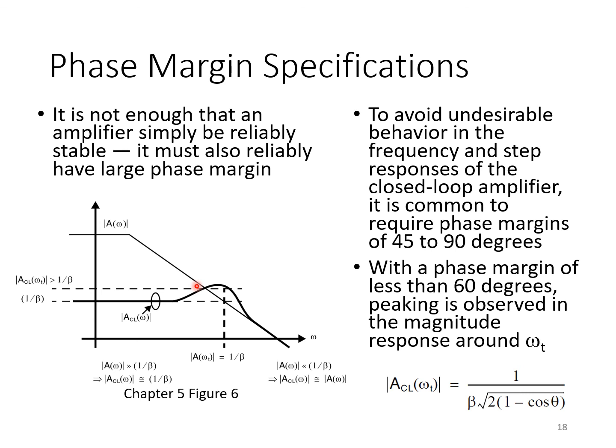And other undesirable phenomena may arise when we have small phase margins. So that's the real reason why we specify large phase margins: 60 degrees, 45 degrees, 80 degrees, even 90 degrees, not just as a safety margin, but to make sure the amplifier's dynamic behavior is meeting the application's requirements.